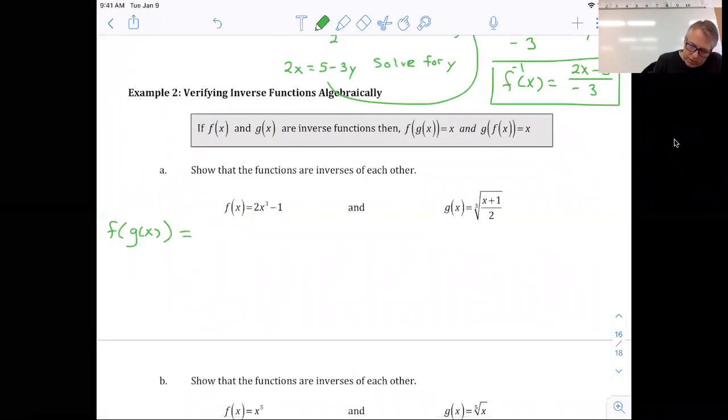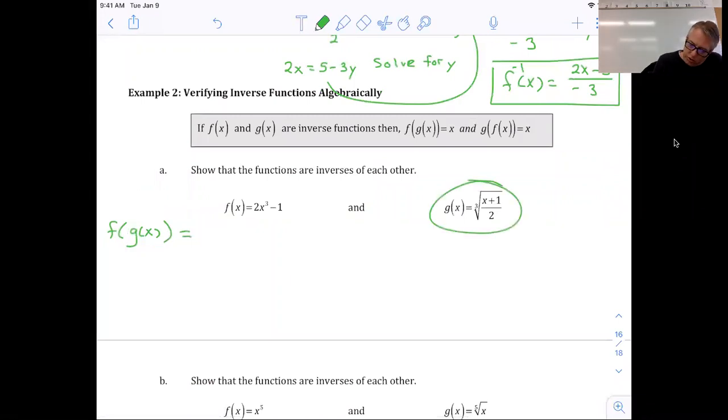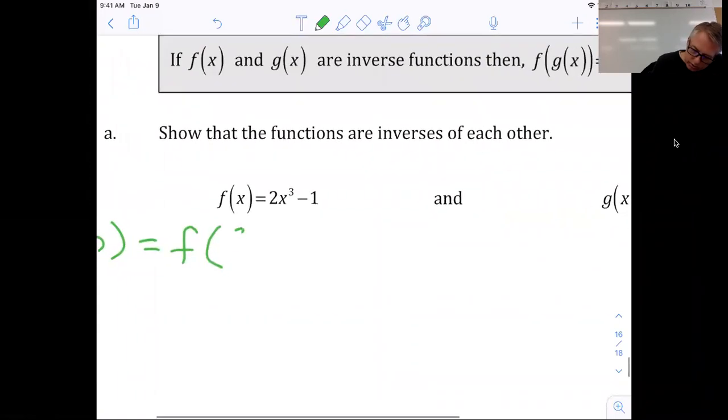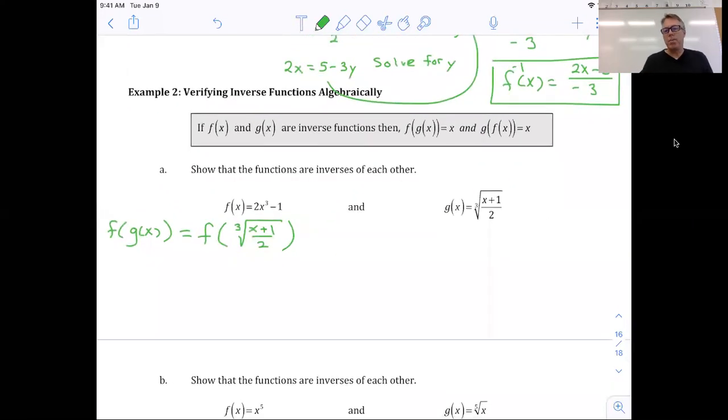So that means we have to take g of x and plug it into f. We have to take this function and plug it in there. So we're finding f of this whole thing. And I really should say that: the cube root of x plus 1 over 2. So we have to take that function and plug it into f.